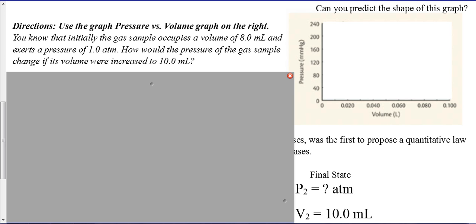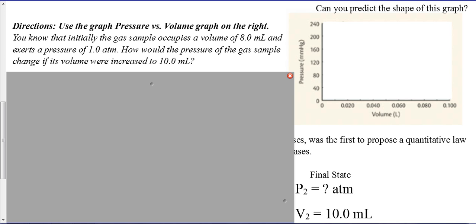And it exerts a pressure of 1 atmosphere. So inside of the syringe, let's say, the pressure that is felt right on the sides of the syringe is 1 atmosphere. And the question is, how would the pressure of the gas sample change if its volume was increased to 10 milliliters? So think about it for a sec.